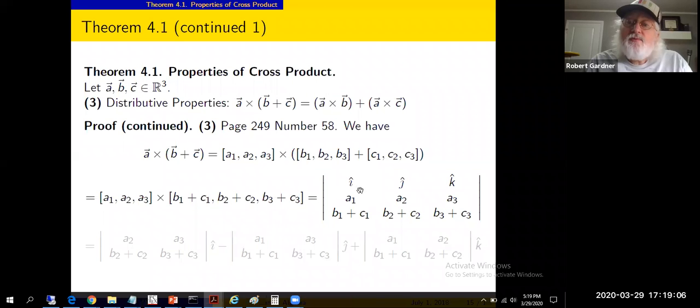Taking those cross products, symbolically, as determinants of 3 by 3 matrices with the i's, j's, k's, components of the first vector, second row, that'd be the A1, A2, A3, components of the second vector in the third row, B1 plus C1, B2 plus C2, B3 plus C3. That is, by definition, the cross product of those two vectors.